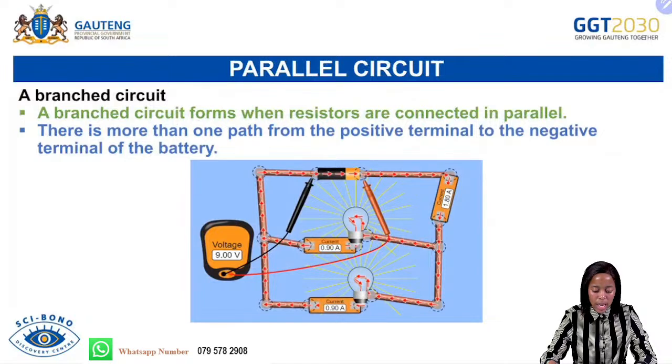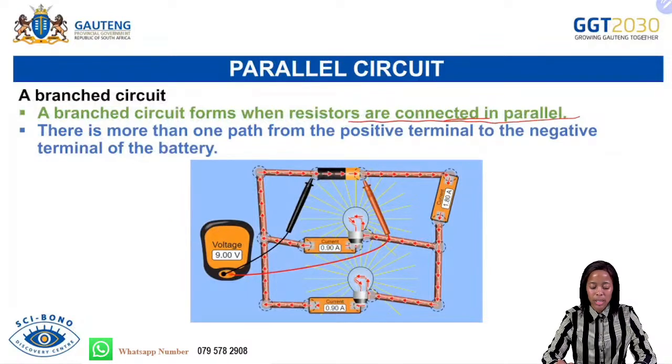Then next we have a parallel circuit, or a branch circuit. It says a branch circuit forms when resistors are connected in parallel. So again, remember, we still have the knowledge that current will flow from the positive terminal to the negative terminal.